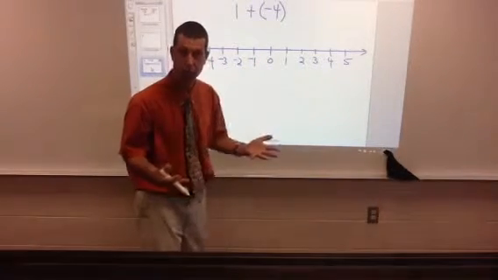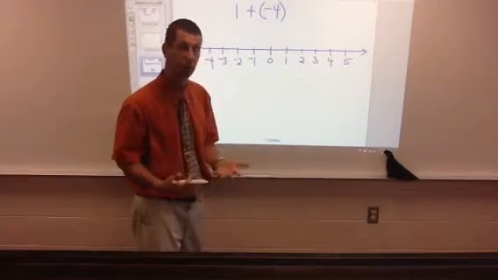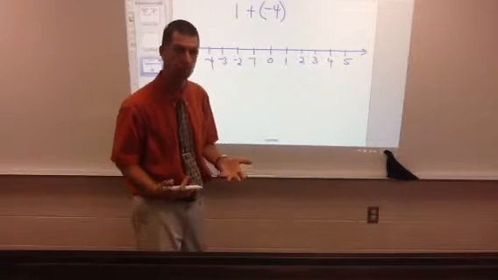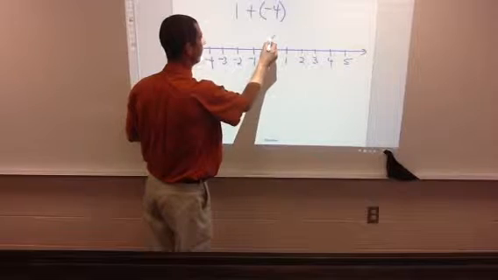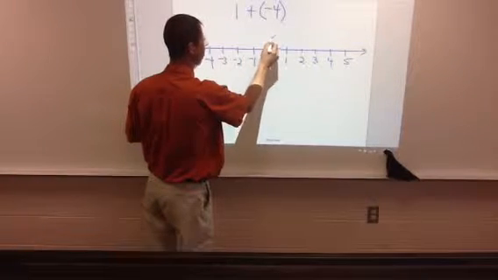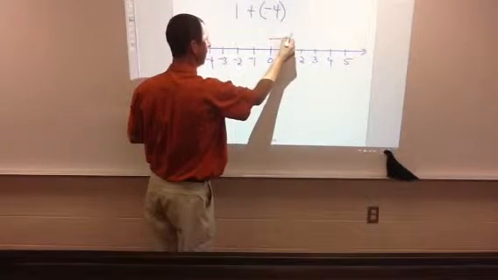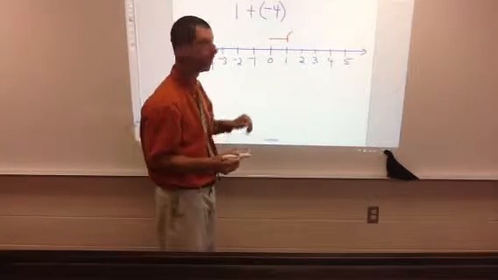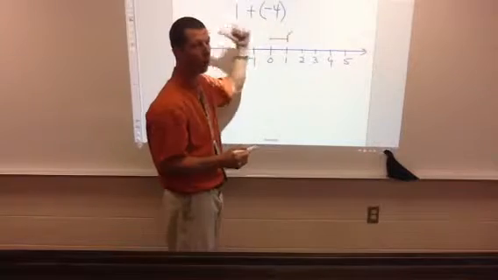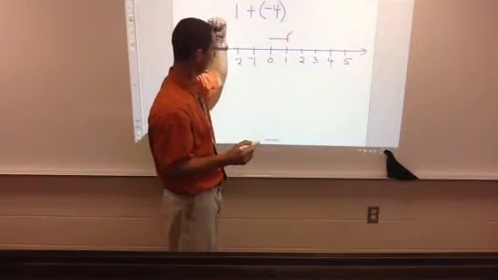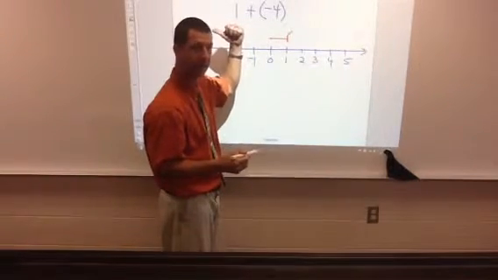You start with 0. Anytime that you're adding or subtracting using a number line, we start with 0. So here's my starting point. My first number is positive 1, so I move right here to positive 1. Now, I've got to add negative 4 to it. Well, negative 4 is to the left, in the negative direction.